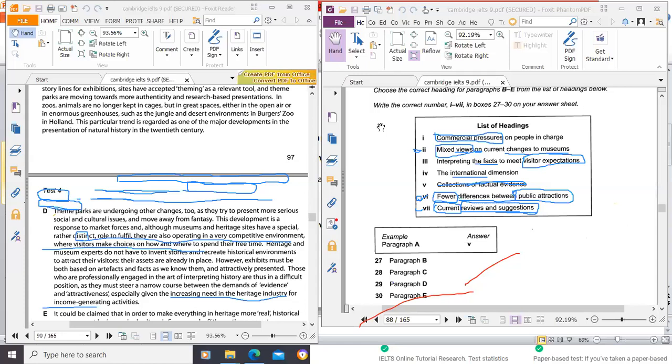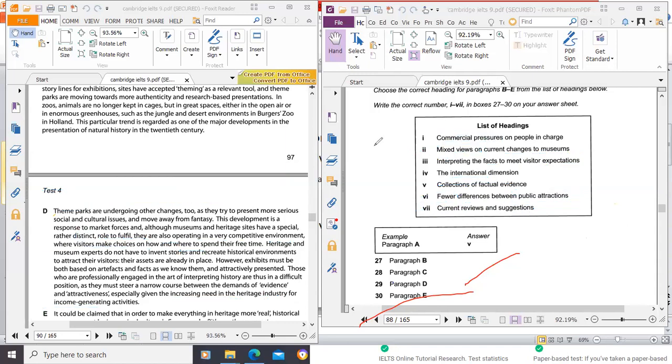Let me clear my drawings. Okay, let's go on to paragraph D. Sorry, because I'm using a laptop, I had to clear even more important things from my screen. So sorry about that.